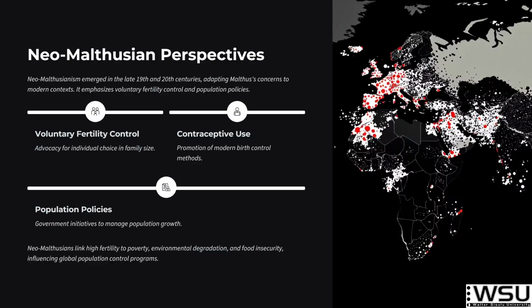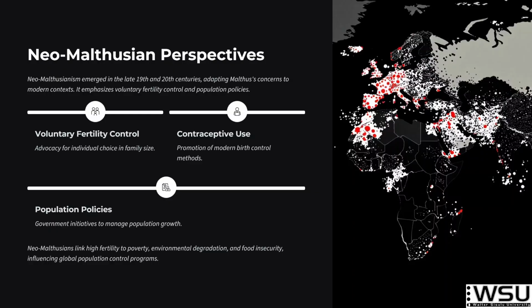So we have that policy, and it means that the Neo-Malthusian perspective related to fertility control and population policies has had a very powerful impact on a number of governments, countries and nations, and those have actually been implemented.